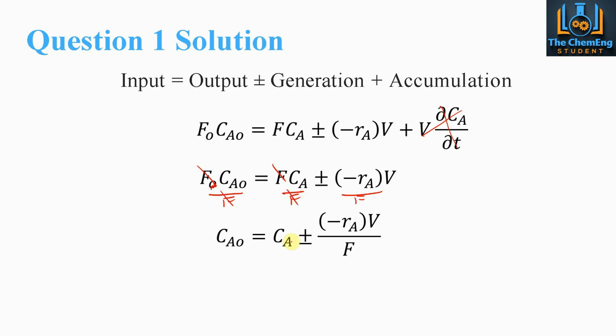So we have Ca naught is equal to Ca plus or minus the reaction rate multiplied by the volume and divided by F. And then we can rearrange again so that we get it for the output concentration, so our final concentration. Because remember, the question wants the exit concentration. So this would be our Ca.